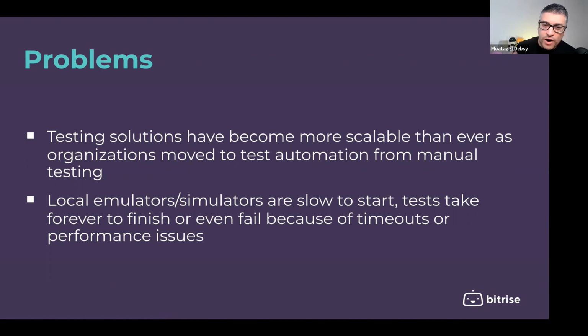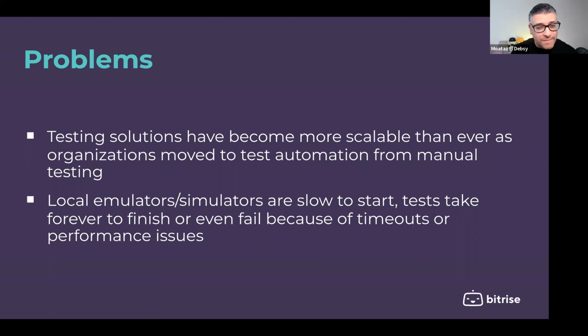If you are using simulators or emulators on your CI server, especially a dedicated in-house CI server, this will be a problem, because it depends on the machine itself, and it may not be able to spin up more than one emulator. Because of that, you will always run all the test cases in sequential mode.